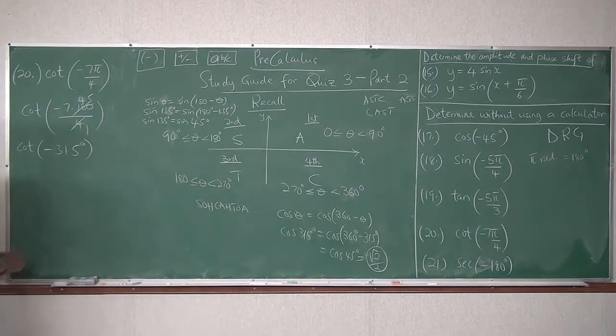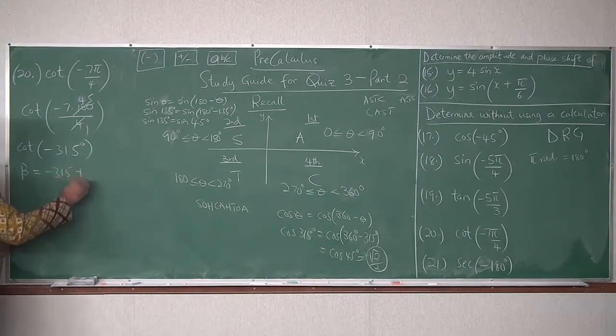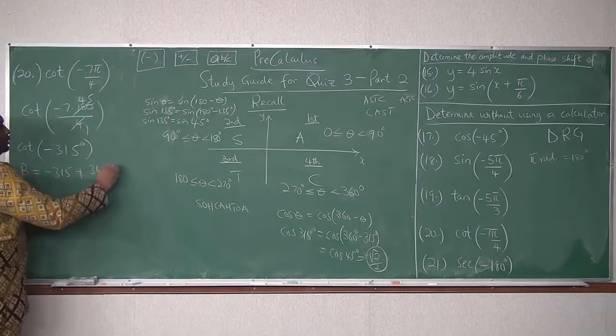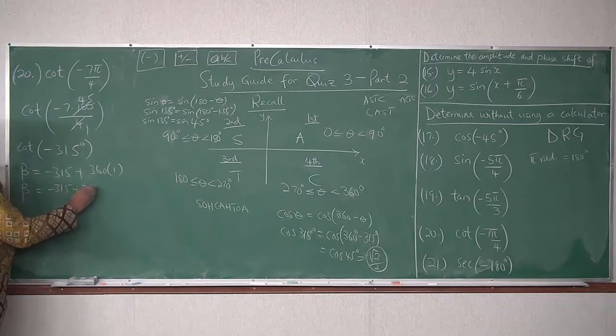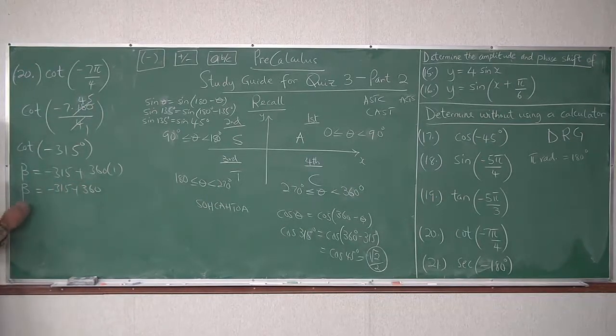What's the coterminal angle here? Beta will be negative 315 plus 360, which is 45 degrees. So cotan 45 degrees is what we are looking for.